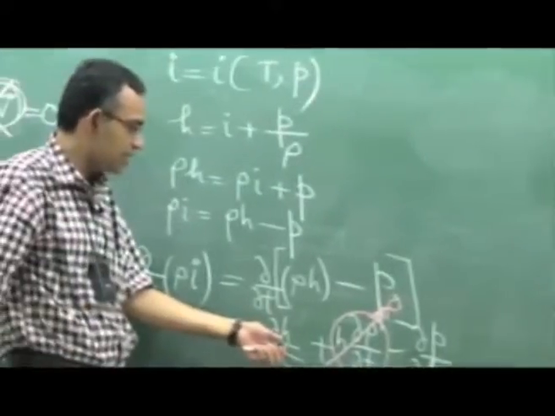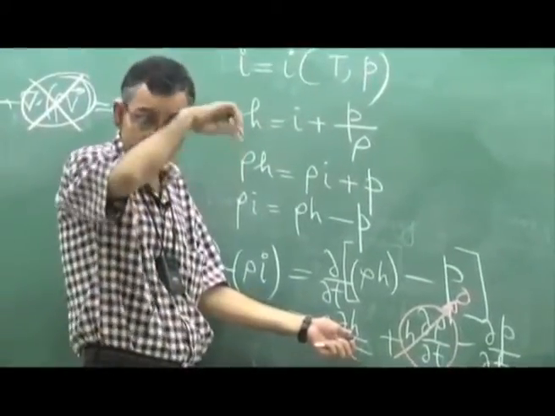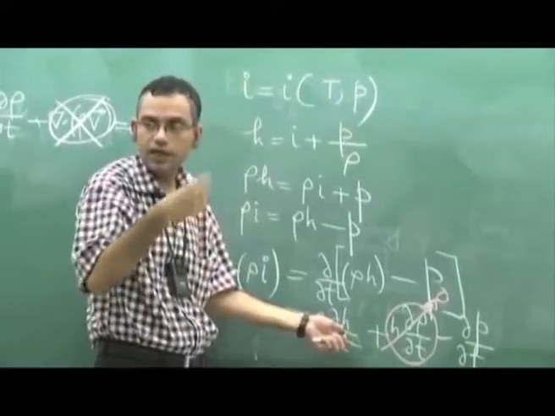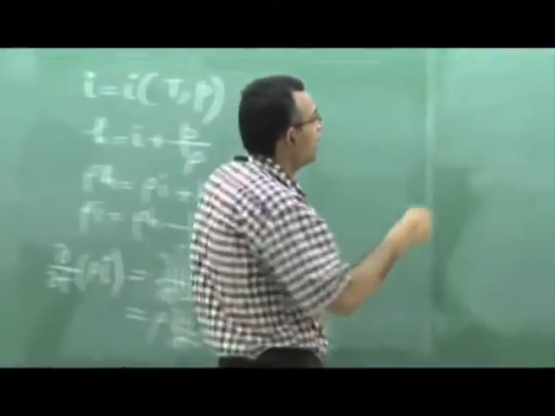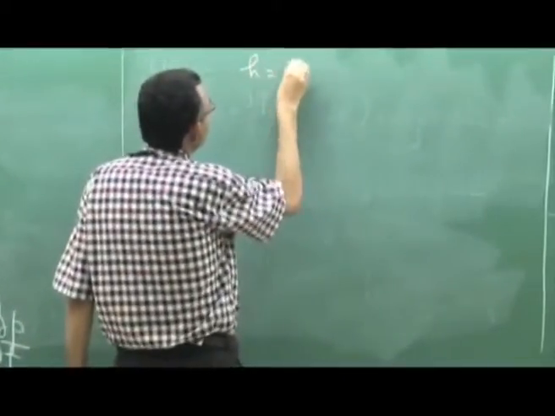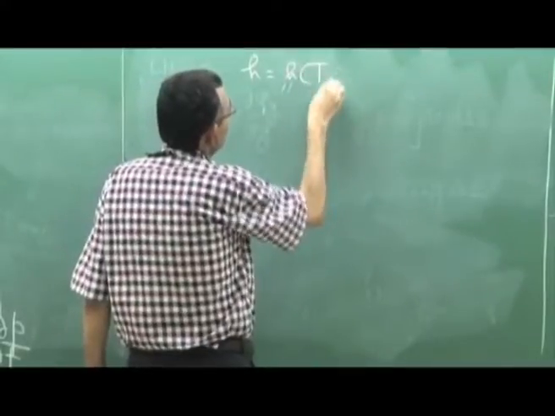We will express this enthalpy as a function of pressure and temperature. Instead of internal energy, we are writing H as a function of temperature and pressure.